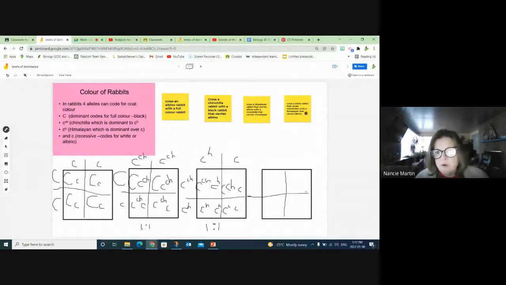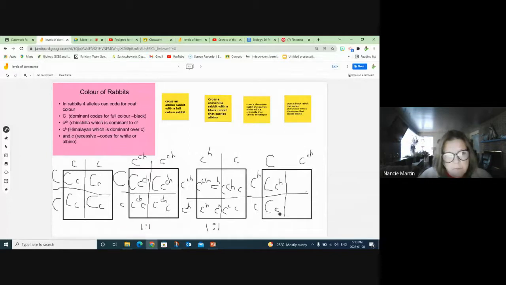So this one says cross a black rabbit that carries chinchilla with a Himalayan that carries albino. So here we have a black, and that's going to be dominant, right? But it's going to carry Himalayan. And here we've got a black that's going to carry the albino. So we're going to have a black rabbit that carries albino.